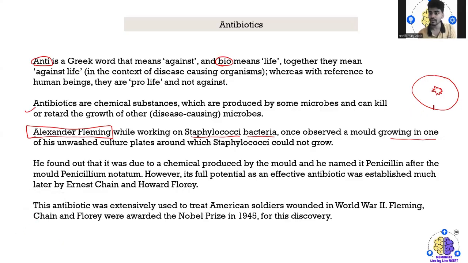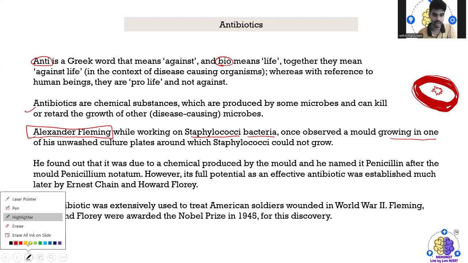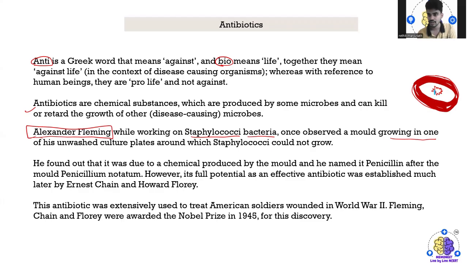So this is the organism. In the culture plate, the organism is grown. Now, what did he observe? Surrounding it, there was a zone of inhibition. Around this zone, he did not observe any growth of microorganisms.